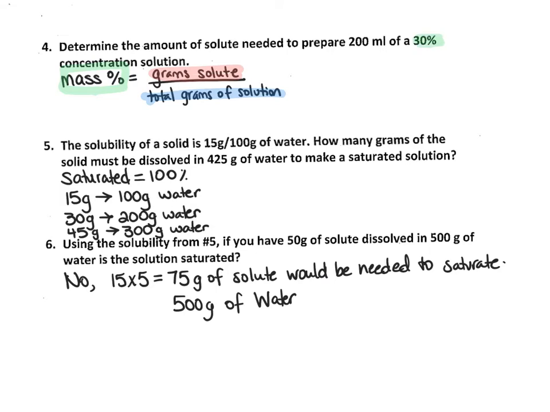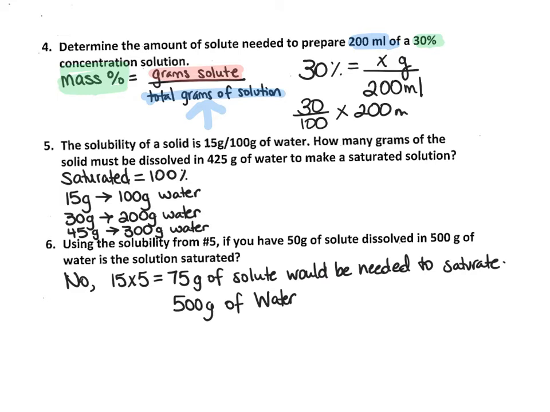So I put my 30% here, and I put my 200 milliliter solution right here and solve for my problem. 30% is like 30 over 100, and then we simply multiply that by the 200 milliliters of solution that we want to prepare.